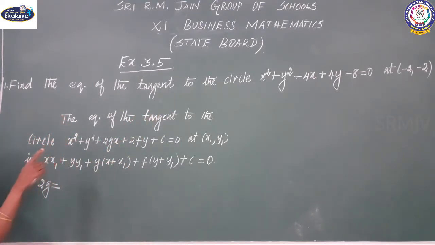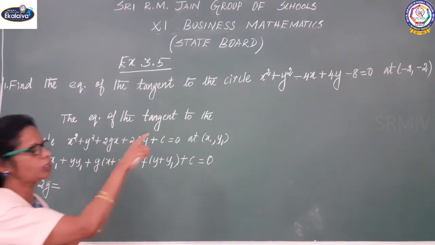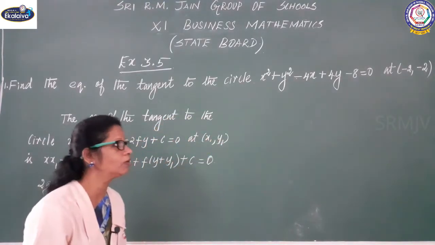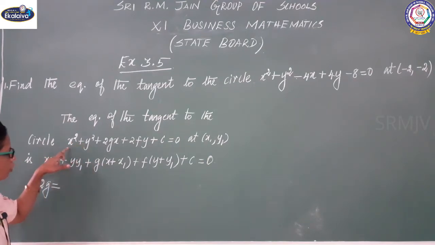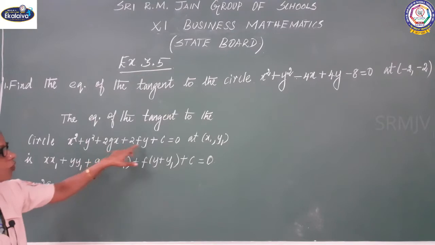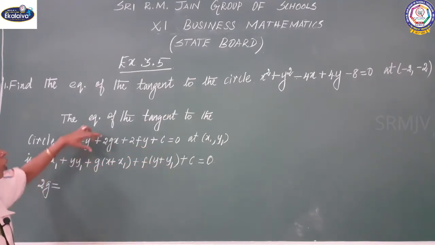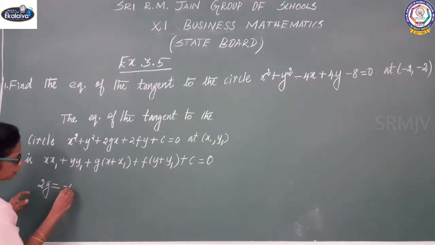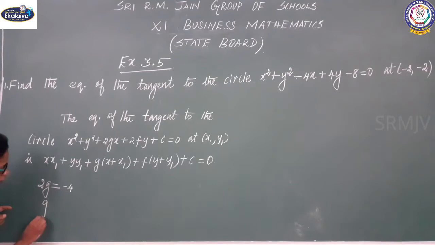Your given equation is x square plus y square minus 4x plus 4y minus 8 equal to 0. Your general format is x square plus y square plus 2gx plus 2fy plus c is equal to 0. You are going to compare given to the general. That means 2g equal to minus 4. g is equal to minus 2.